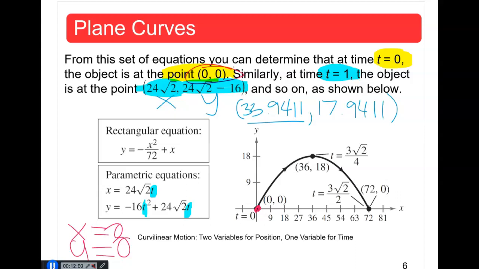So, I don't know, maybe there, maybe a little closer to the maximum point, to the highest point, which is actually the vertex.